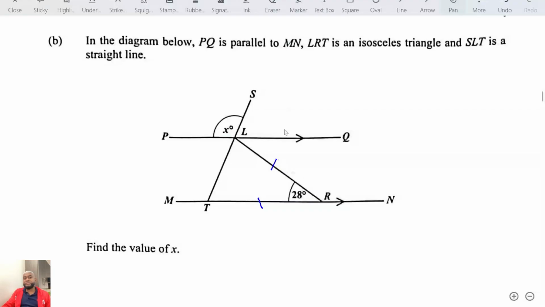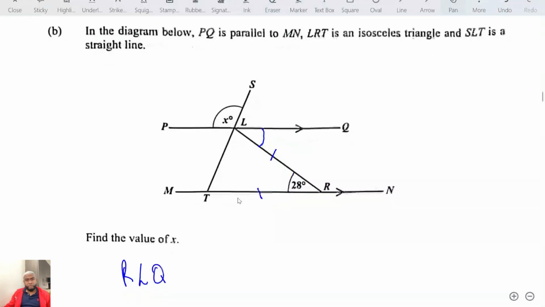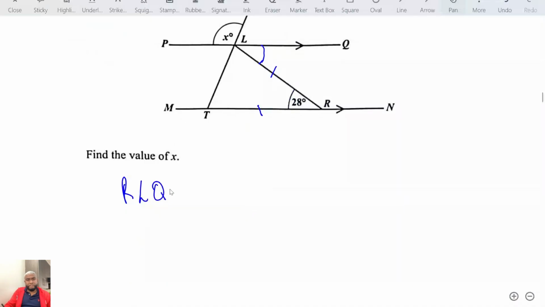So here's some things we could get if these two lines are parallel before we even think of the isosceles triangle. If here is 28, what would up here be? I'm going to call that angle RLQ. RLQ is equal to 28 degrees.